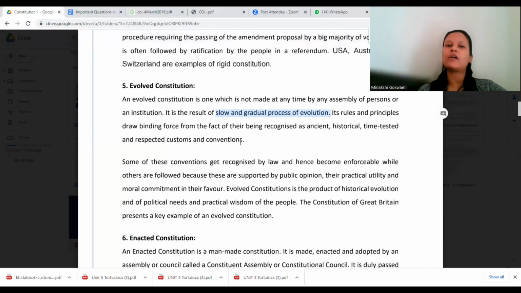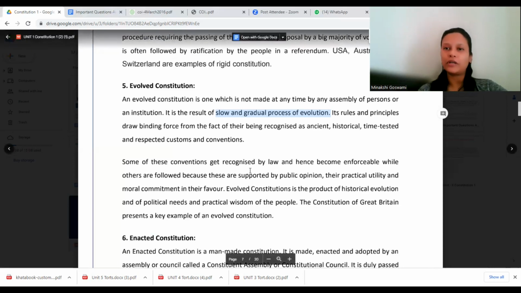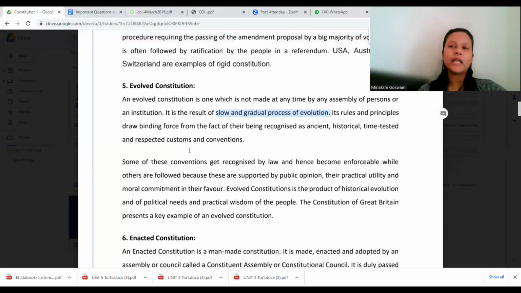So with time, from multiple sources, they have developed and gradually they were being followed, or they became binding like a custom. With time, it got the status of something which will be followed, right? It got legal recognition. Like that, with time only it has come.